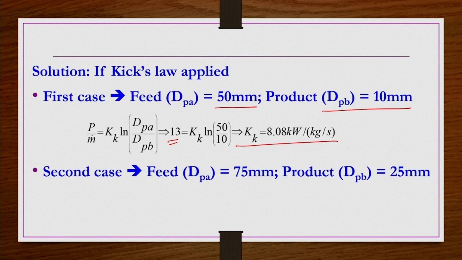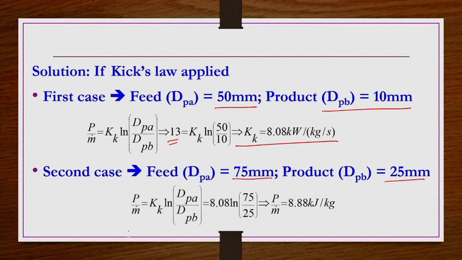Now, in the second case, the average size of the feed dPA is 75 mm and the average size of the product is 25 mm. How much power is required? We apply the same equation, P by m dot is equal to Kk ln dPA by dPB. Kk we just found as 8.08, which you can substitute here, with dPA is 75 and dPB is 25. Then you will get 8.88 kilojoules per kg.